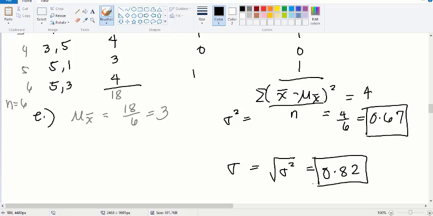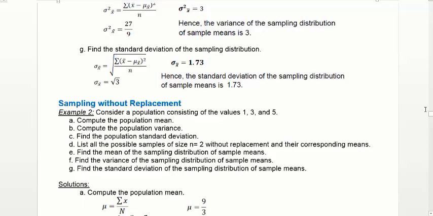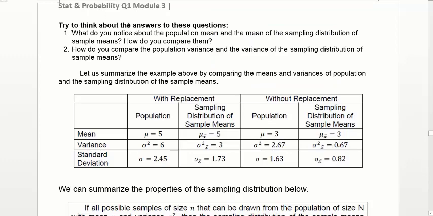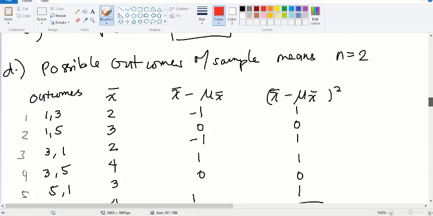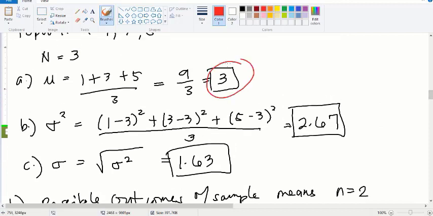Next, let me go to the module again. Okay. So, what do you notice about the population mean and the mean of the sampling distribution of the sample means? Okay. Actually, they're the same. Pansin niyo, like this one. Ito yung mean ng sample means, right? It's 3. And then, ang mean ng population is 3.